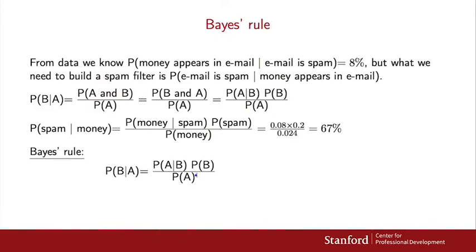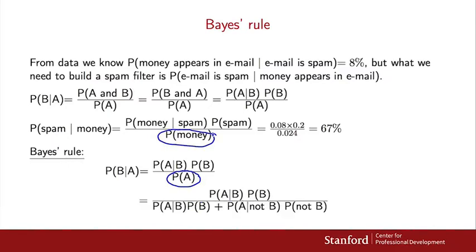And sometimes it turns out that the denominator, the probability of A, is not directly given to us, and we have to compute it. And we do that just as we computed the probability of money on the previous slide. And if we do that, we get the expanded version of Bayes' formula, which looks like that.